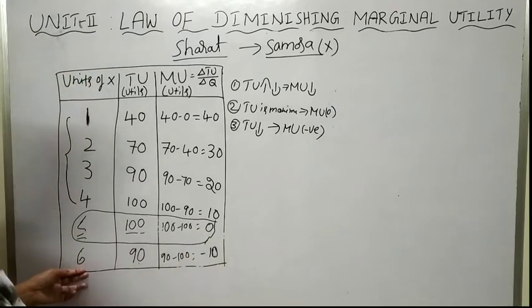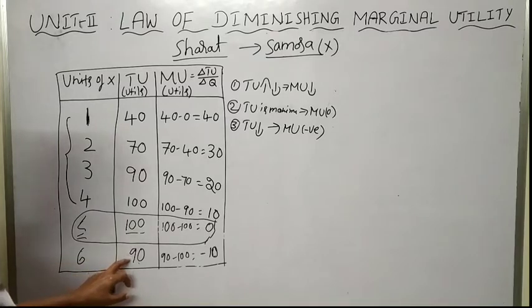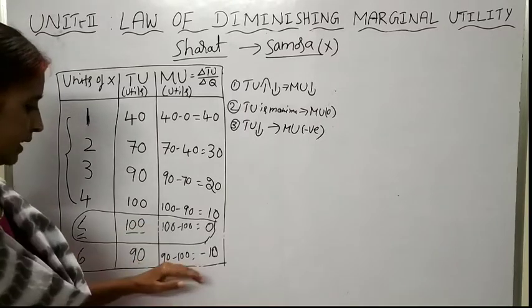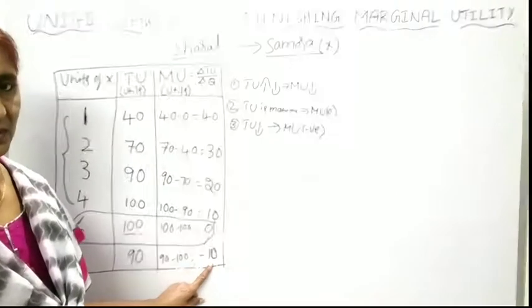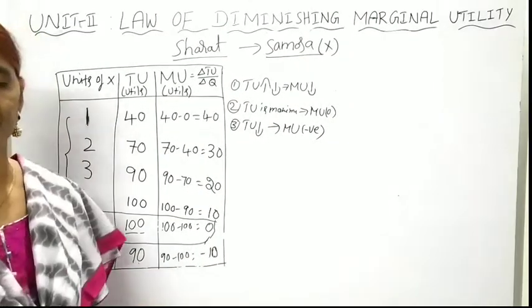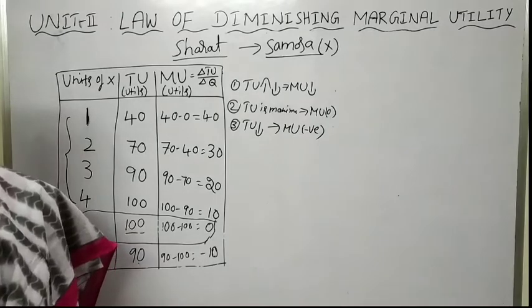And if the consumer uses an additional unit, that is the 6th samosa, his total utility is declining, that is, 90 utils is diminishing. Whenever total utility is diminishing, MU becomes negative. So it indicates that the consumer is getting discomfort or disutility or dissatisfaction.